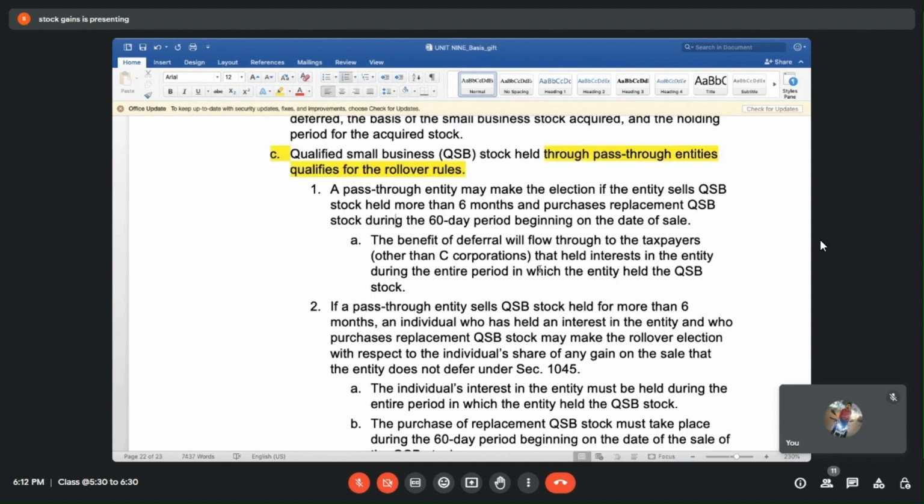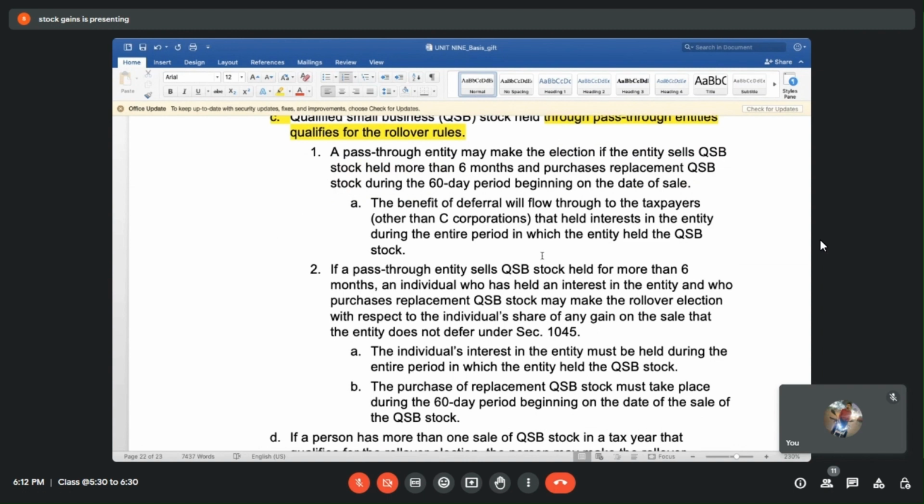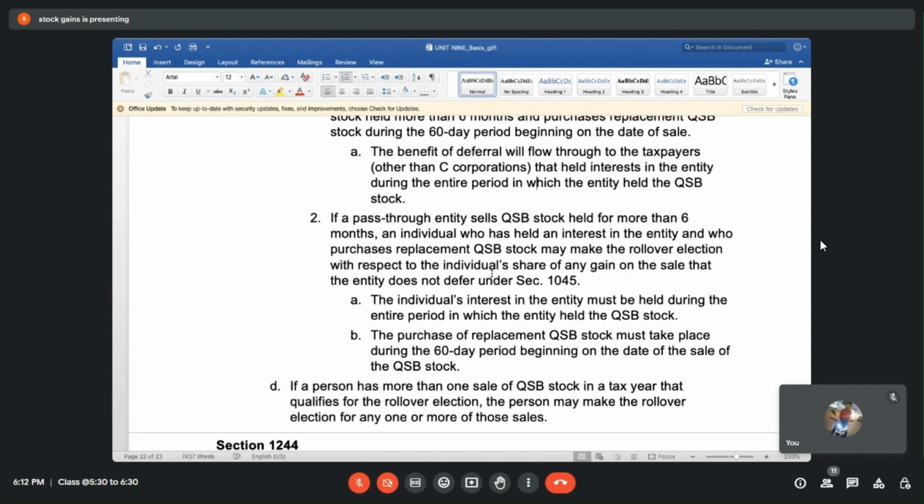And that benefit can go to the holders of that LLC. What they're saying here is that an individual who has held an interest in the entity and who purchases stock may take the rollover election with respect to their share of any gain on the sale that the entity does not defer under section 1045.